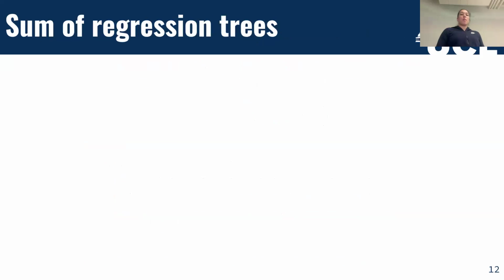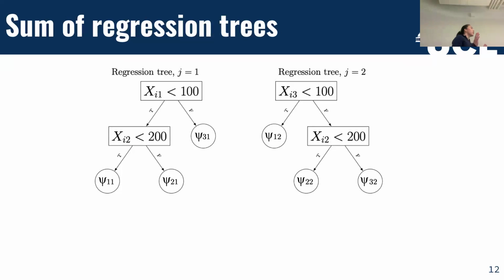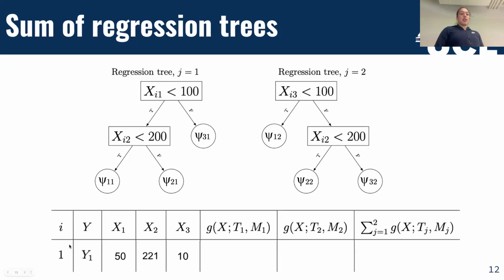Here is an example of what my forest looks like. Of course, this is a forest with only 2 trees, but just to give you the idea, let's say we have an individual with X1 value 50, X2 value 221, X3 value 10. We check the first tree and see that X1 is not more than 50, so they go to the left.